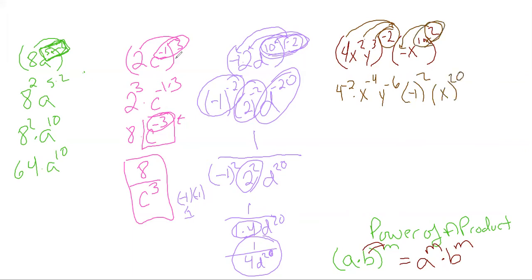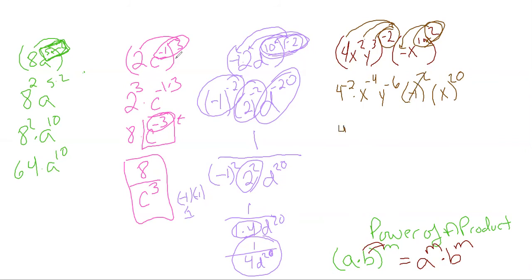At this point, I like to go ahead and clean things up, move some stuff around if I can. I'm going to write some fractions. There's more ways than one to do this problem. So negative 1 to the 2nd power, we know is a value of 1. Negative 1 times negative 1 is positive 1.